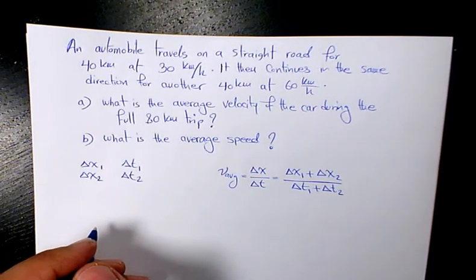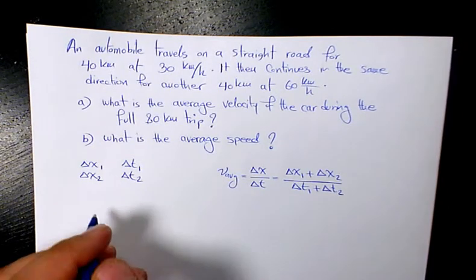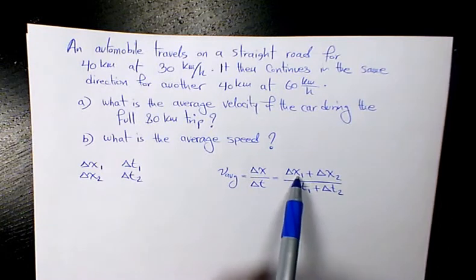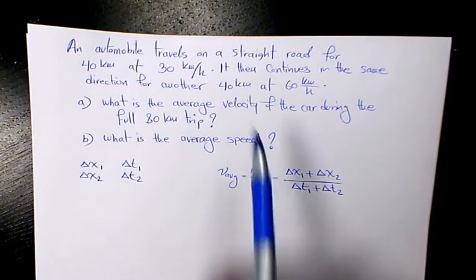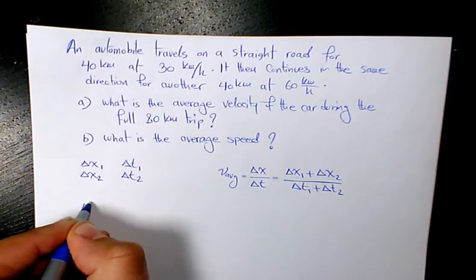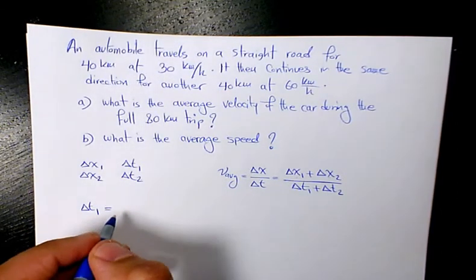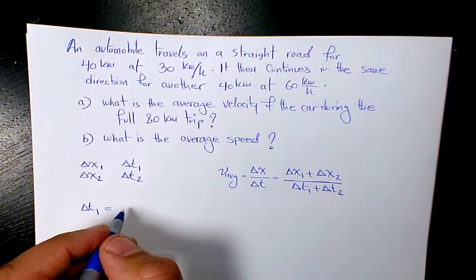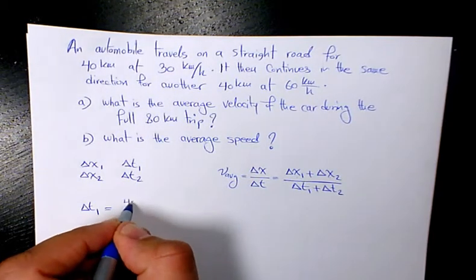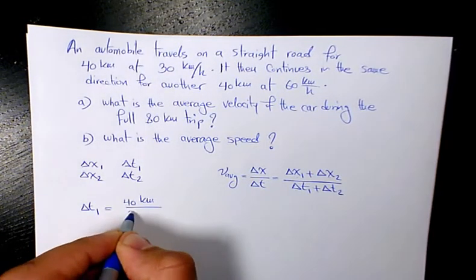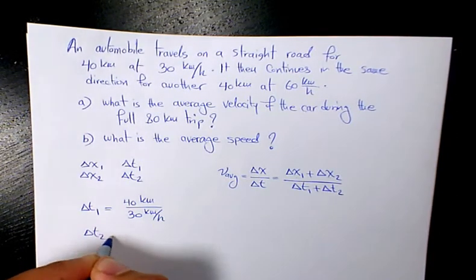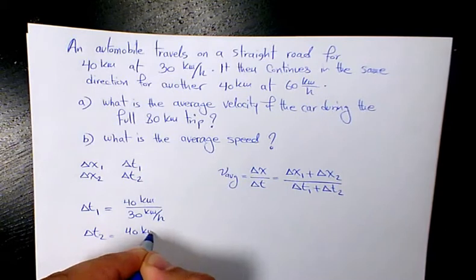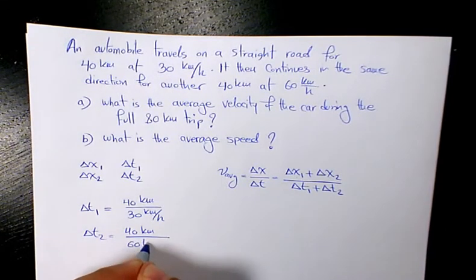So then we have delta x1 and delta x2, but we don't have delta t1 and delta t2. Let's find out those first. Delta t1 is going to be distance divided by velocity, which is 40 kilometers per 30 kilometers per hour, and delta t2 is going to be 40 kilometers per 60 kilometers per hour.